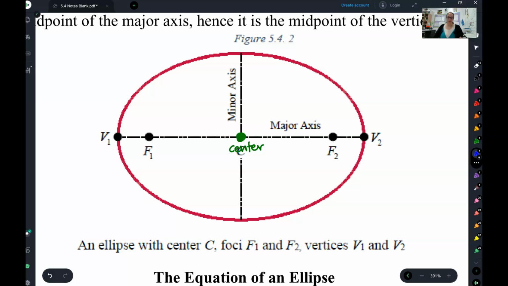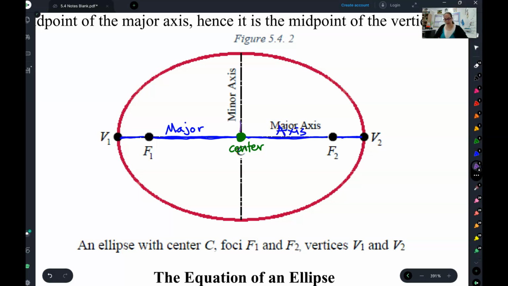Now, we have two axes that we talk about with ellipses. We have the major axis, which is basically the bigger axis. So here's my major axis.